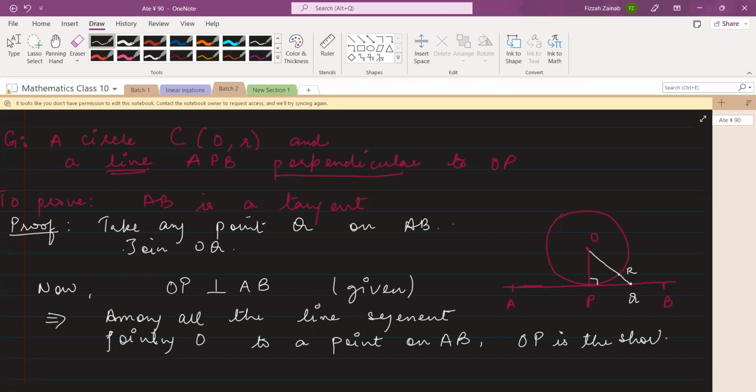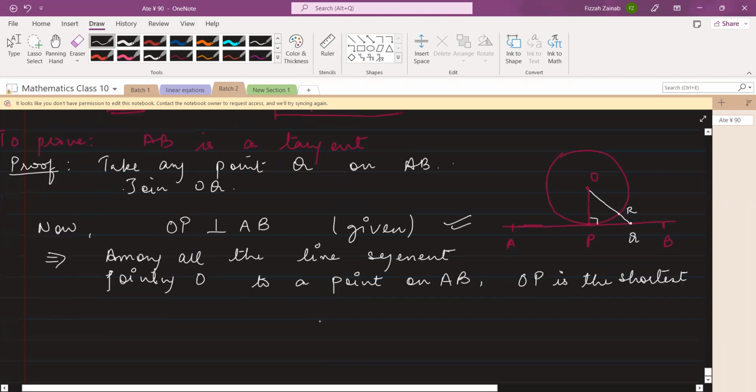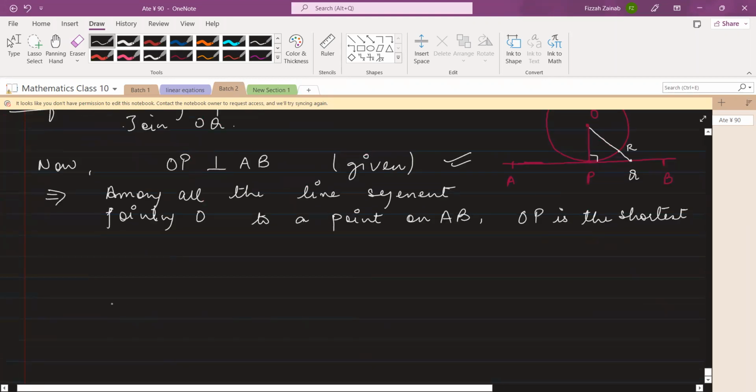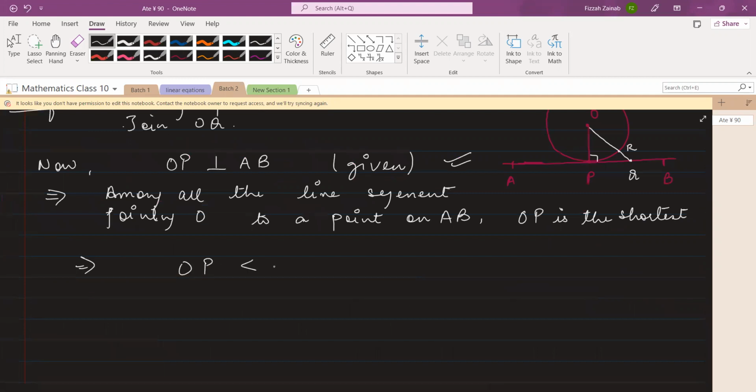Right, Hamna? Yes, ma'am. The perpendicular means this is the shortest length possible. So I can say OP is smaller than OQ.